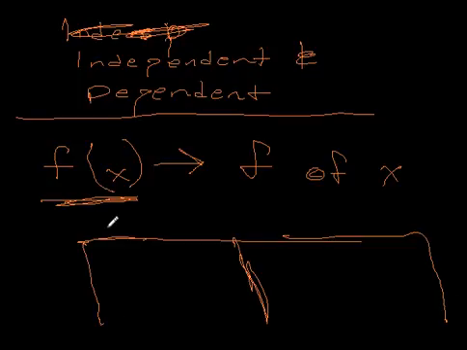And what I want to say here is, on the left here, I'm going to have my independent variable. I stopped spelling it because I ran out of room, but independent's on the left, and dependent is on the right.